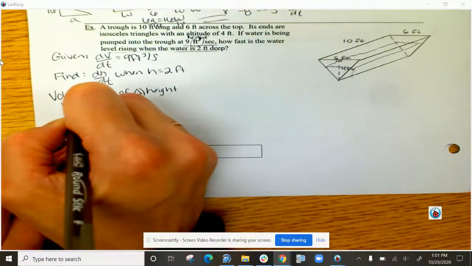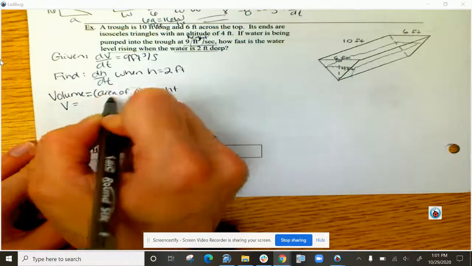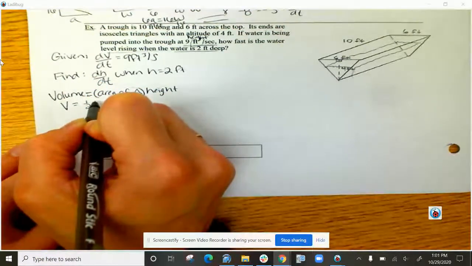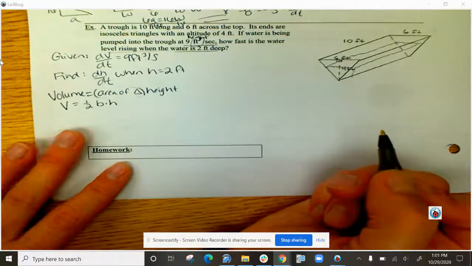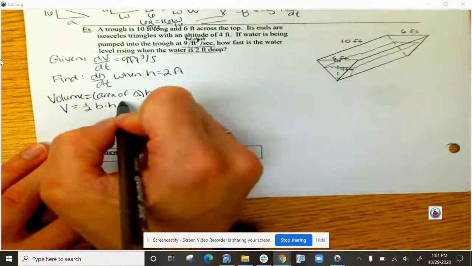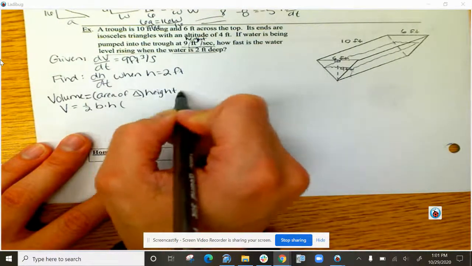And so we can say V is equal to, if we're looking for area of a triangle, that's 1/2 base times height. And then times the height of this thing, which the height is staying constant.